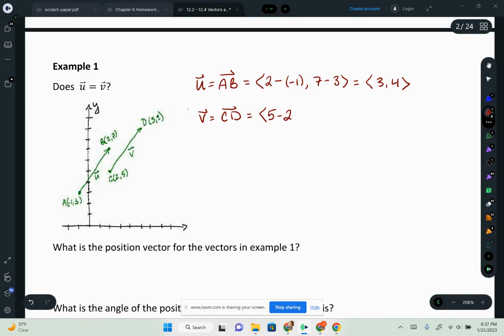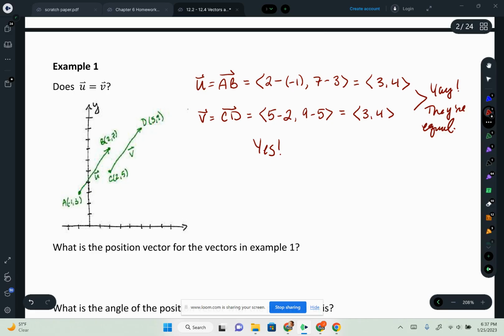We subtract the 2 from the point C. Then we go to our y component, we look at 9 minus 5, and that's going to give us a final position vector that has components 3, 4. And we can say, yay, they're equal. So the answer to the question is yes.